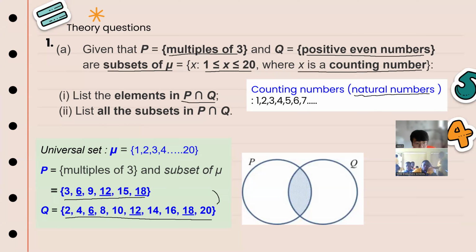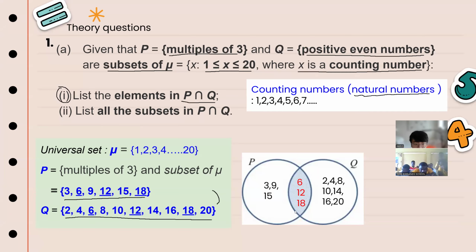So we're finding the list of elements in P intersection Q, and I have written these two sets here. The points of intersection we can see are 6, 12, and 18.